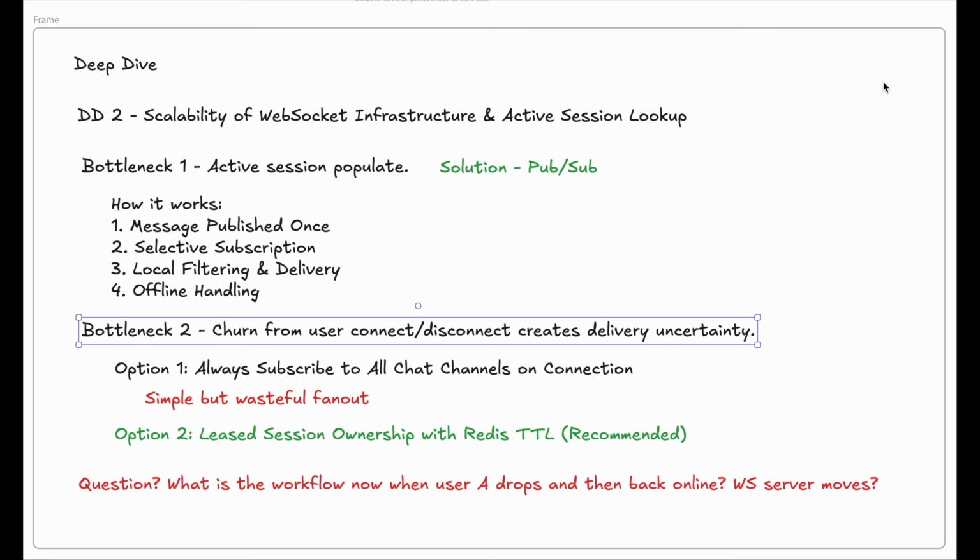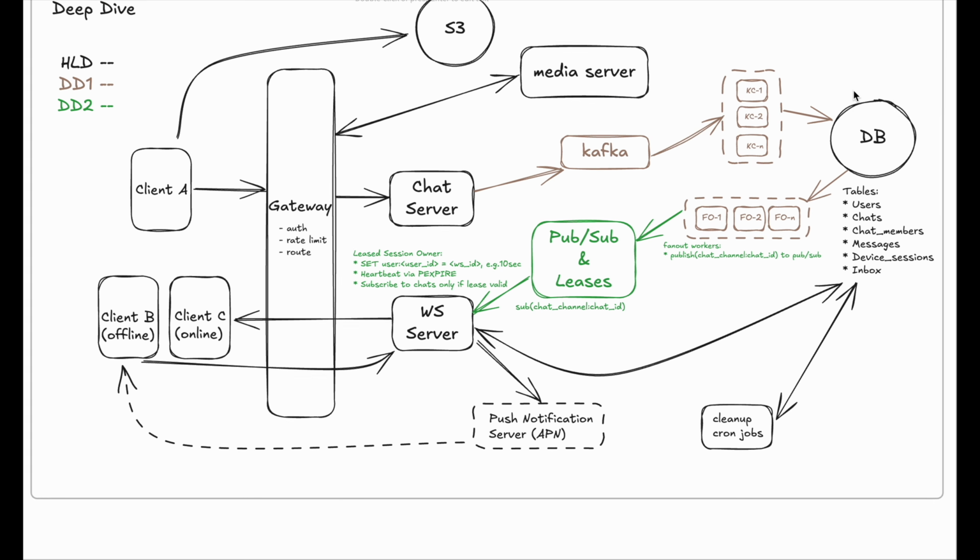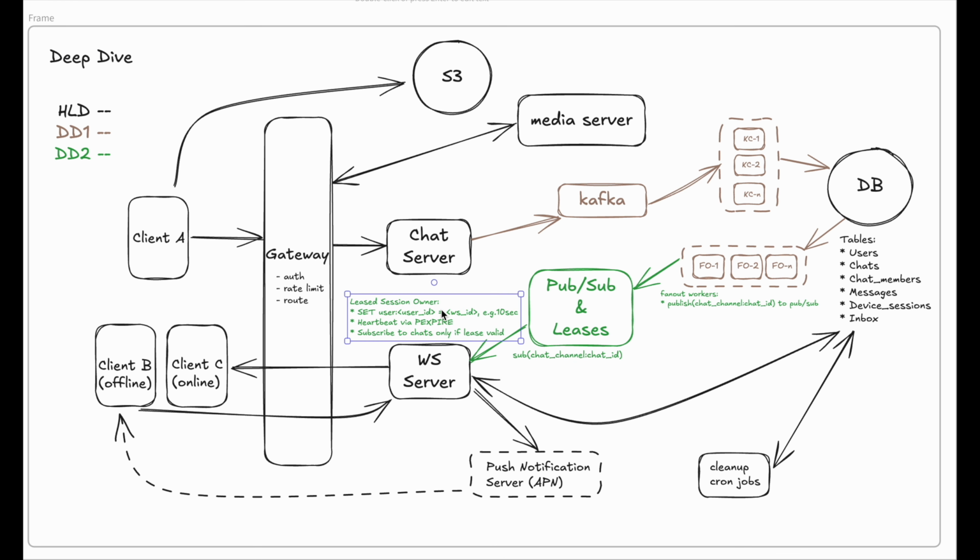So let's come back to the design diagram where we added this based on the previous design. This approach also uses Redis to coordinate which WebSocket server owns the user session at any given time. When the user connects, the WebSocket server sets a key like user ID equals WebSocket ID with a short TTL, for example, 10 seconds.